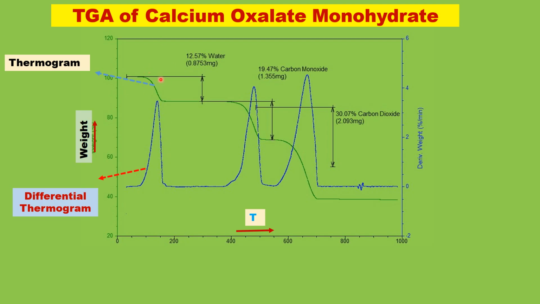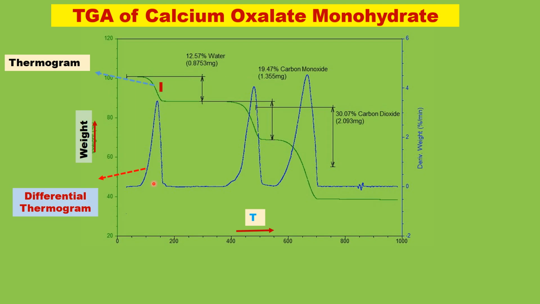See, as we have seen, there are 3 steps. In the first step, water is eliminated with increasing temperature. So this is the mass change. Mass decreases due to loss of water molecule.